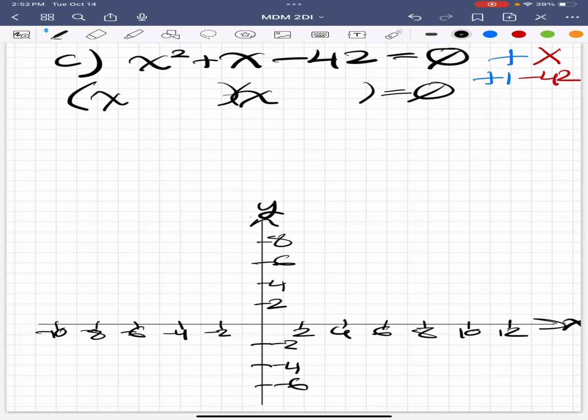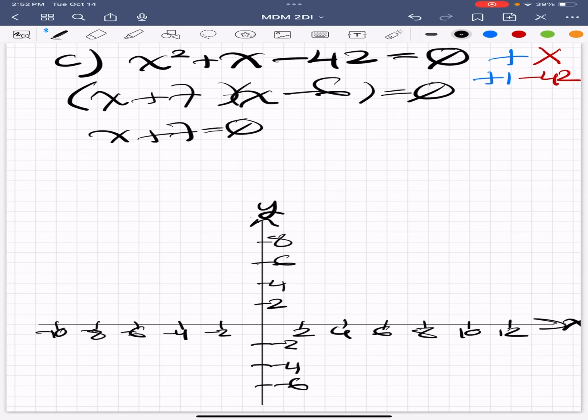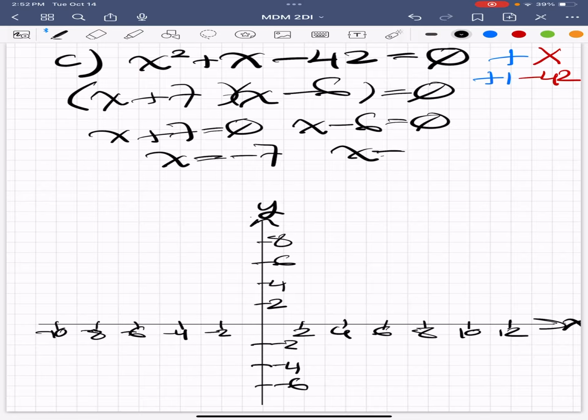And then we need plus 7 and minus 6. We factored it, and now we need to take those pieces and set them equal to 0 to find the x-intercepts. x minus 6 equals 0, x equals negative 7, and then x equals 6.